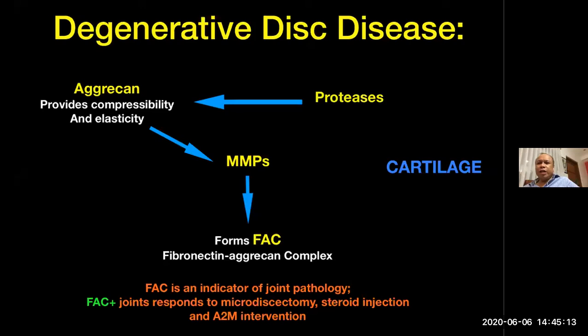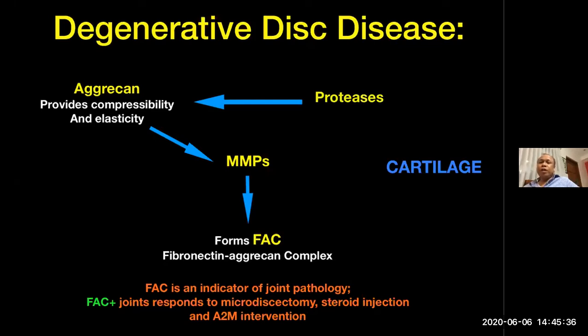Now, the degeneration of the disc will eventually release the matrix metalloproteinases, or the MMPs. And the MMPs which are released will eventually form a compound called the Fibronectin Aggrecan complex. And this is from the cartilage level of the spine.